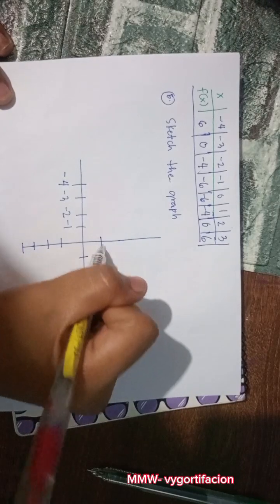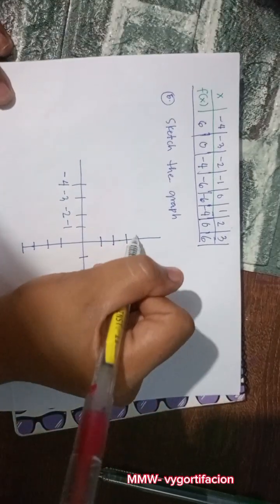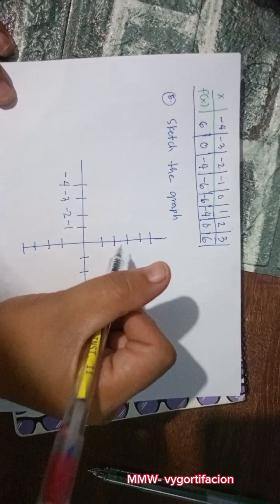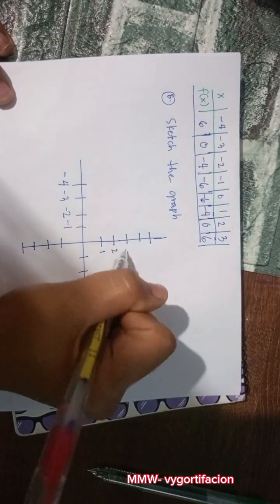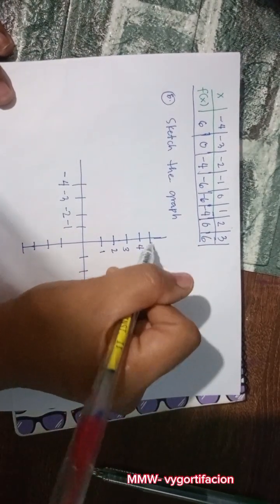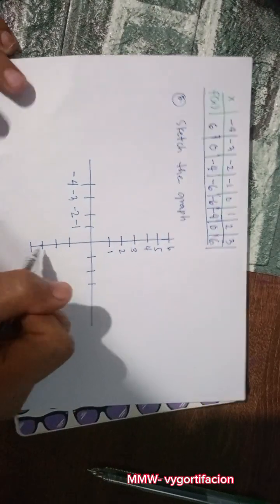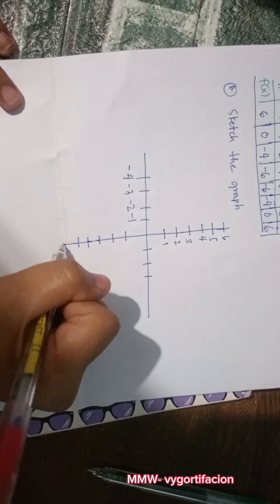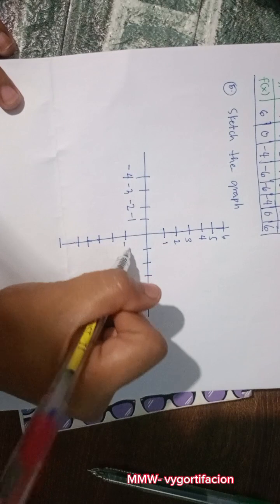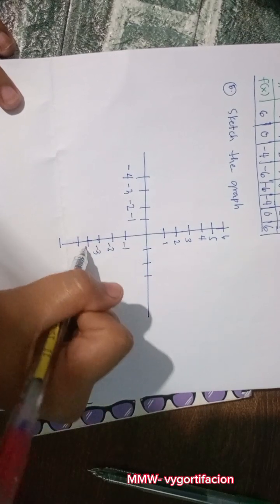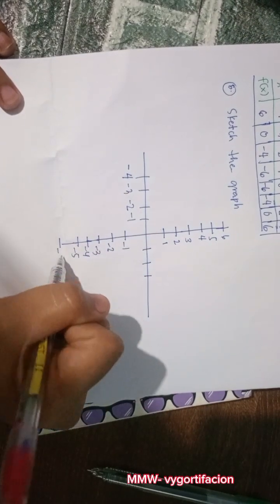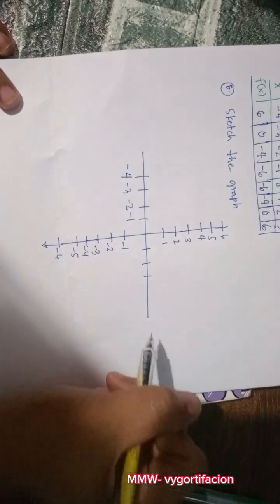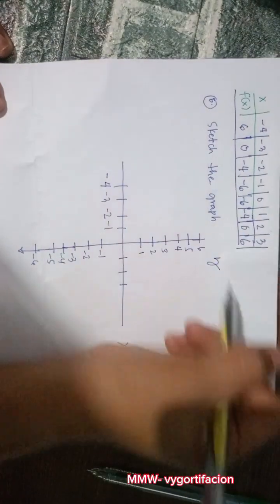Then for the values of y, we have positive 1, 2, 3, 4, 5, and then 6. Here we have negative 1, negative 2, negative 3, negative 4, negative 5, and negative 6. So this will be our x, this will be our y.